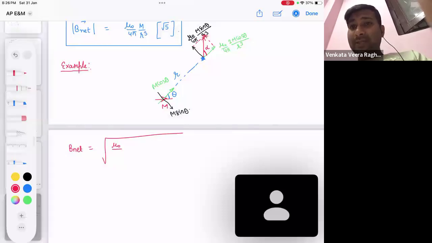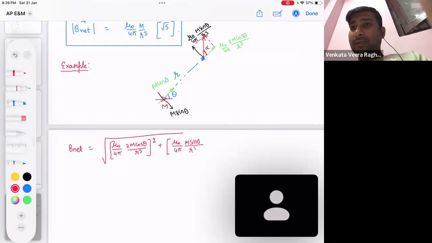So the value is mu naught by 4 pi 2m cos theta by r cube, whole square, plus mu naught by 4 pi m sin theta by r cube, whole square, isn't it?